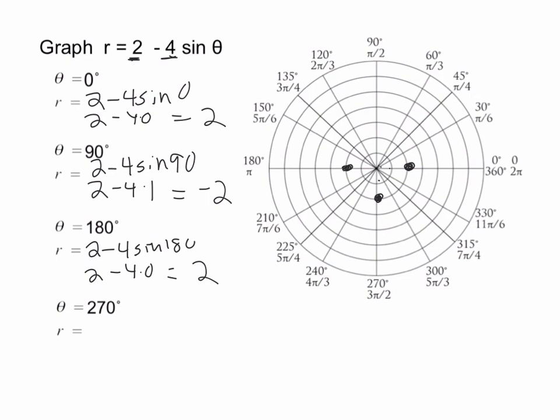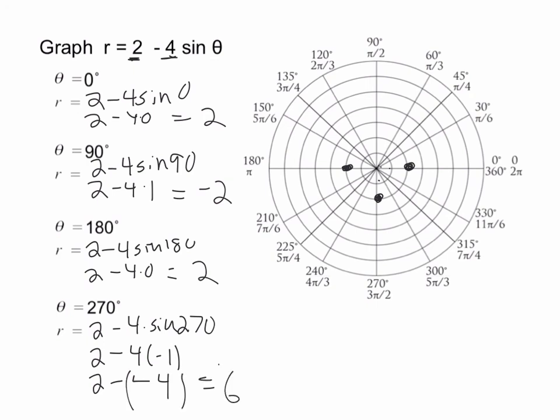And then last but not least, 270. If I take 2 minus 4 times the sine of 270, that gives me 2 minus 4, but the sine of 270 is negative 1. So I had a negative 1 times 4. What I technically end up with here is 2 minus negative 4, because 4 times negative 1 is negative 4, which ends up being 6.